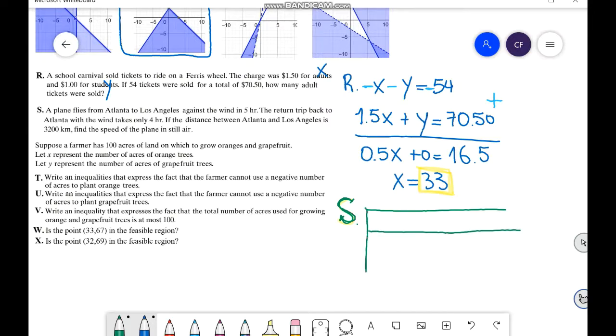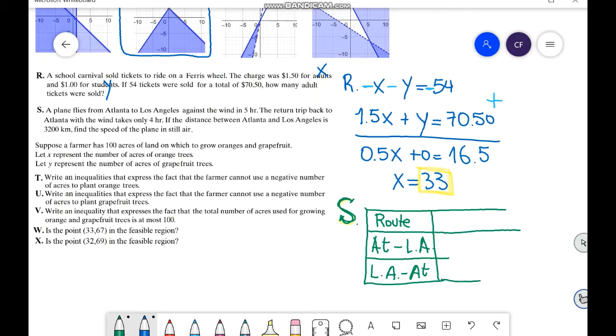So we have the routes. The first one is from Atlanta to Los Angeles, the first leg. And the next is back from Los Angeles to Atlanta.